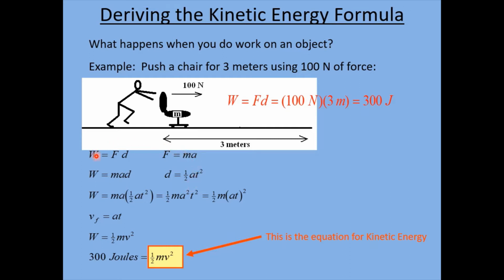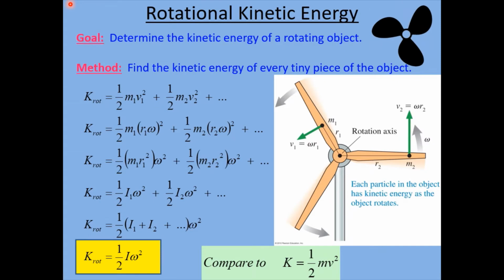So putting all these three formulas together, substituting them into each other, we end up with that the work that we did here, the 300 joules of work, is equal to 1/2 mv squared, where m is the mass of the chair here and v is its speed. So this is one of several ways that we can derive the result.